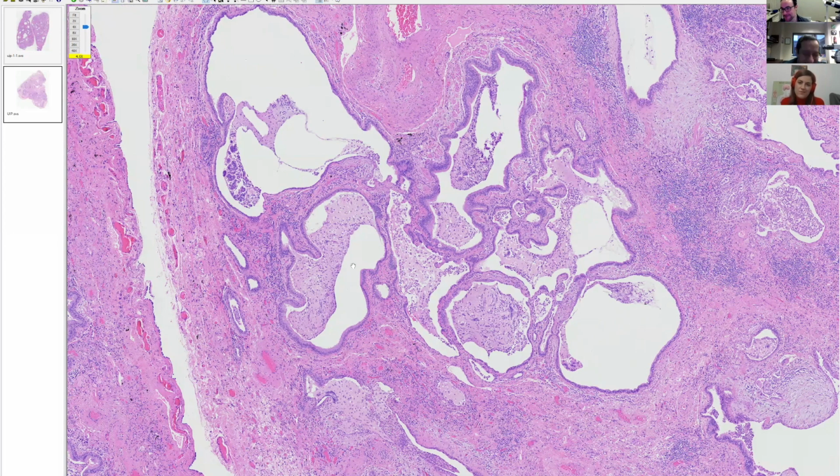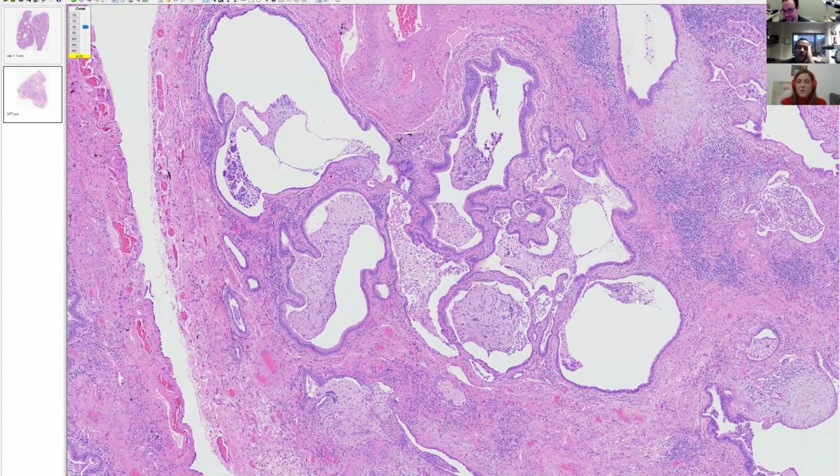You can imagine a little bee setting up a home in each one of these little honeycomb spaces, whereas an alveolar space would be too small for a bee to get into. So when I see these spaces with fibrosis that stack on top of each other, that I can imagine a bee getting into, I think it's honeycomb change.